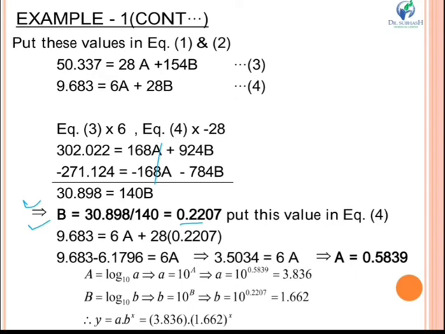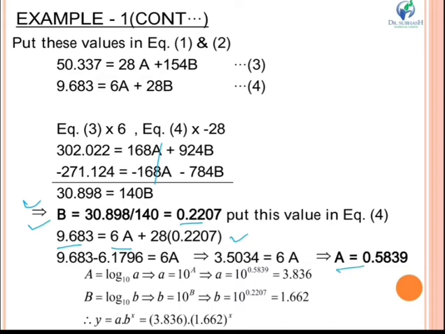Now I will put this value in equation 3 or equation 4. Here I am putting this value in equation 4. So I get 9.683 equal to 6A plus 28 into 0.227. On simplifying these values, I get A equal to 0.5839.